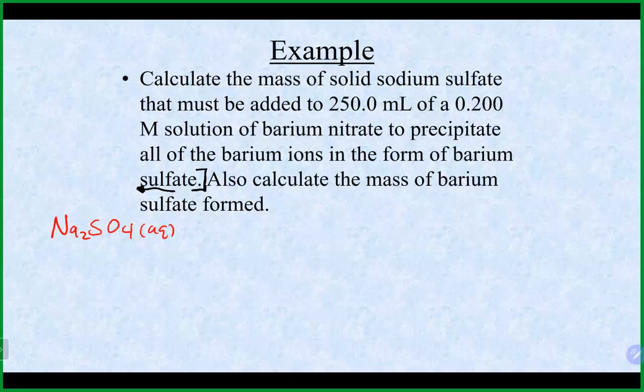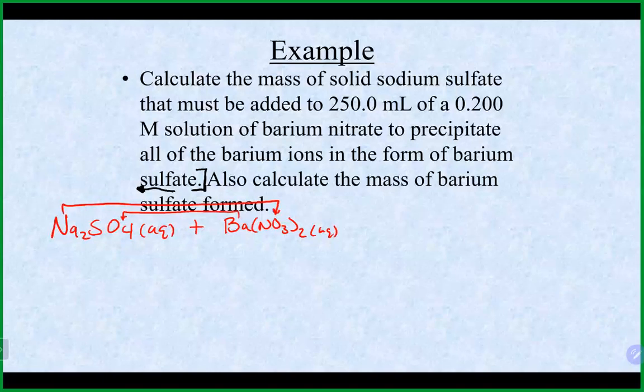It's going to react with barium nitrate. Barium is +2, nitrate is -1, which means we should get some barium nitrate that looks something like this. You also should be able to recognize this as a double displacement reaction, which means our two positive ions are going to switch partners, right? That is what's going to happen here.